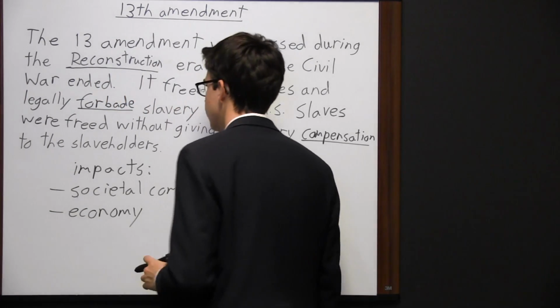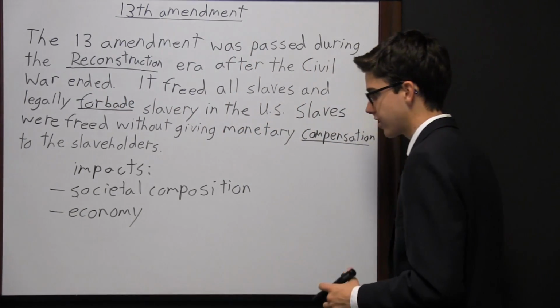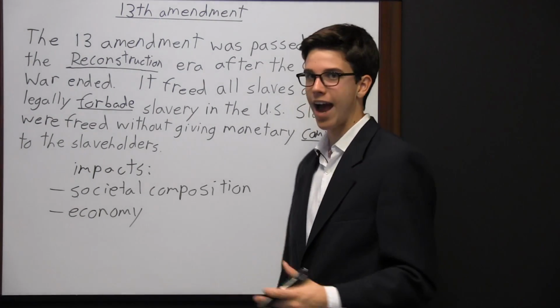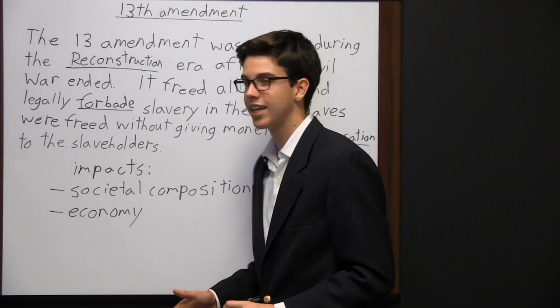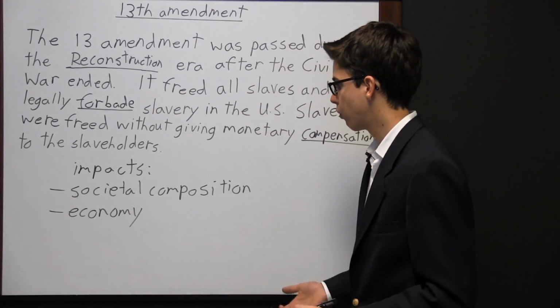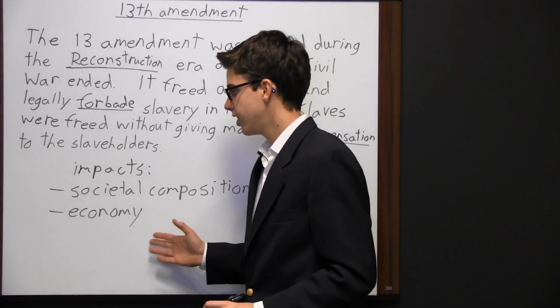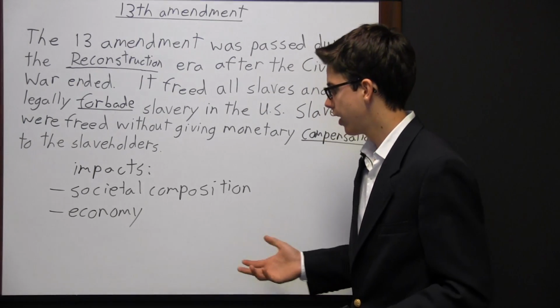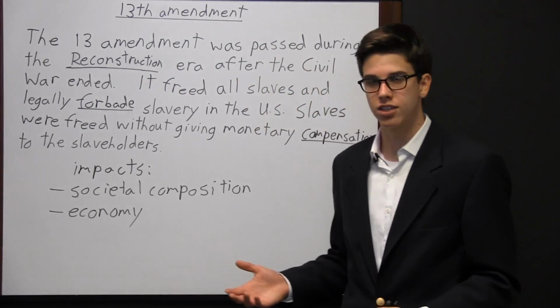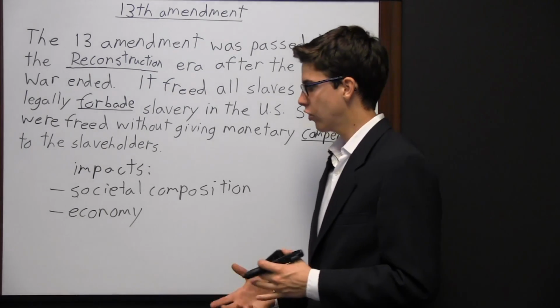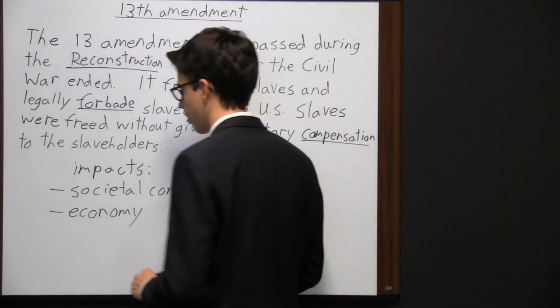Because like I said earlier, the slaves were considered property, and so these slaveholders had to pay for them initially, but after that, they didn't have to pay wages. Now, if they were going to hire African Americans, they had to pay them wages for their work, and so this changed the economy. In some cases, maybe it was too expensive to own these slaves or to employ these slaves. And so it created economic change in the South.